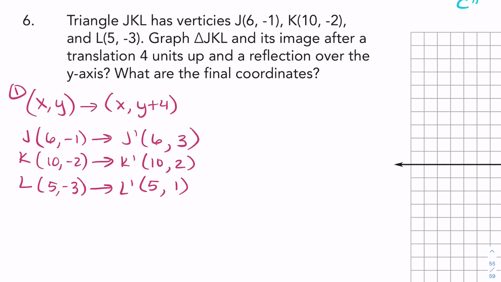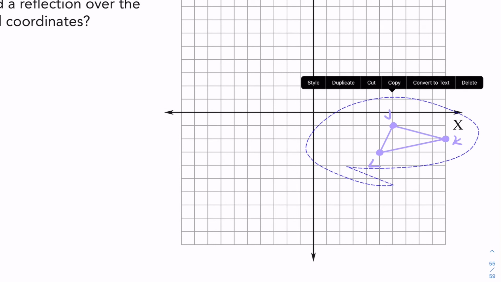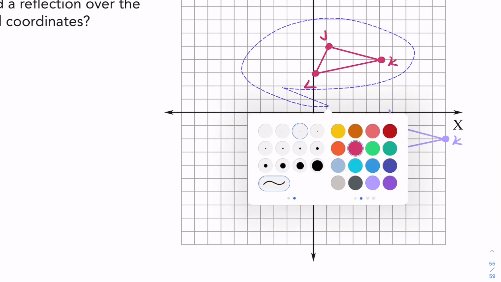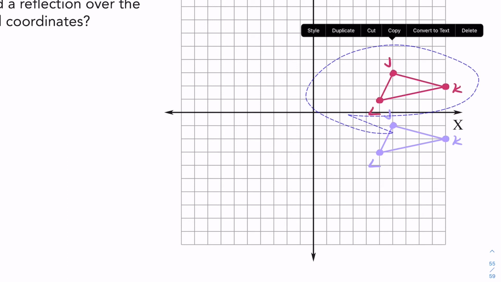So what is it? 4 units up. Okay. 1, 2, 3, and 4. Let's make sure.